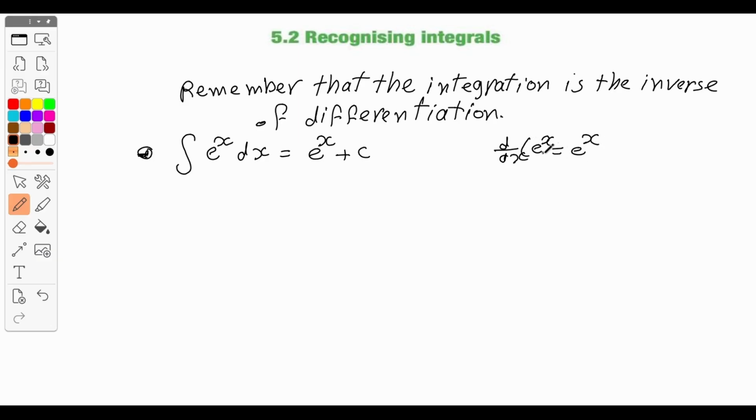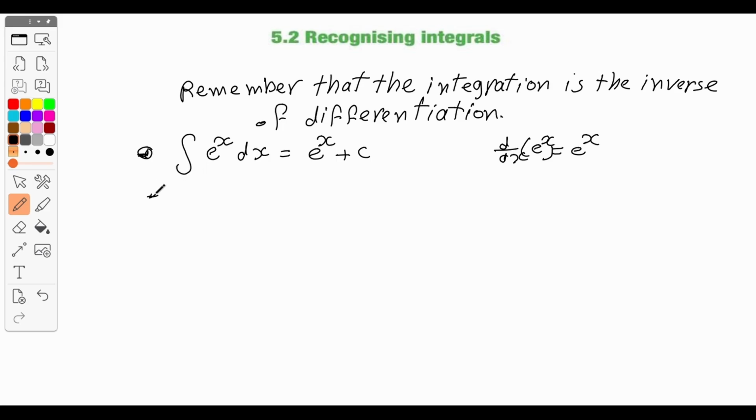So if we differentiate e to the x, the answer is e to the x. As we said, integration is the inverse of differentiation. That means if you integrate e to the x, the answer will come back again to e to the x.